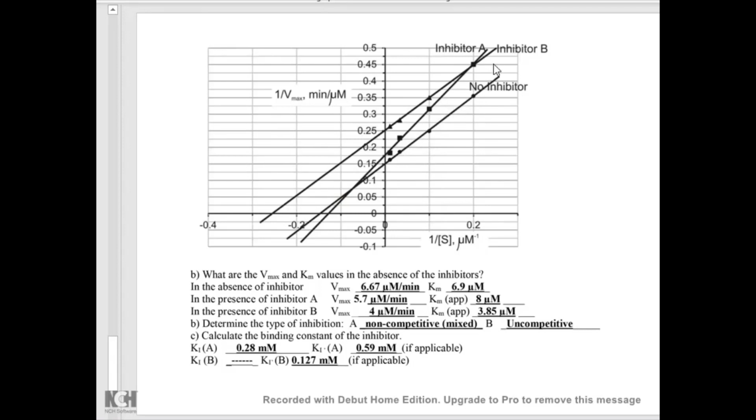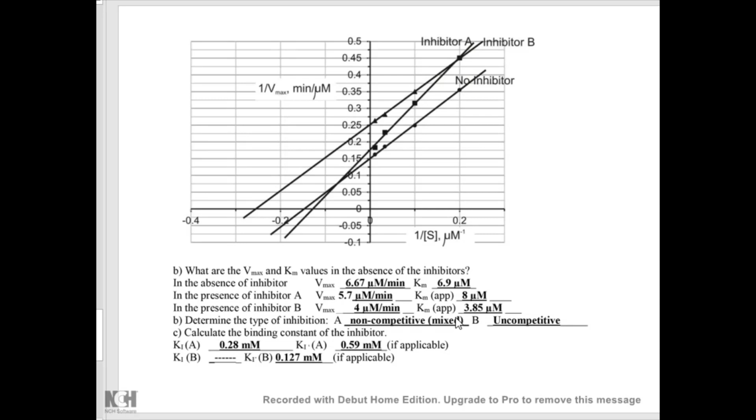So you do have parallel lines. Inhibitor B is parallel to no inhibitor. So your inhibitor B appeared to be uncompetitive inhibitor. And then mixed type of inhibition, they intercept somewhere on this left side of your graph, and you have such a case here. Inhibitor A is your mixed or non-competitive type of inhibitor.